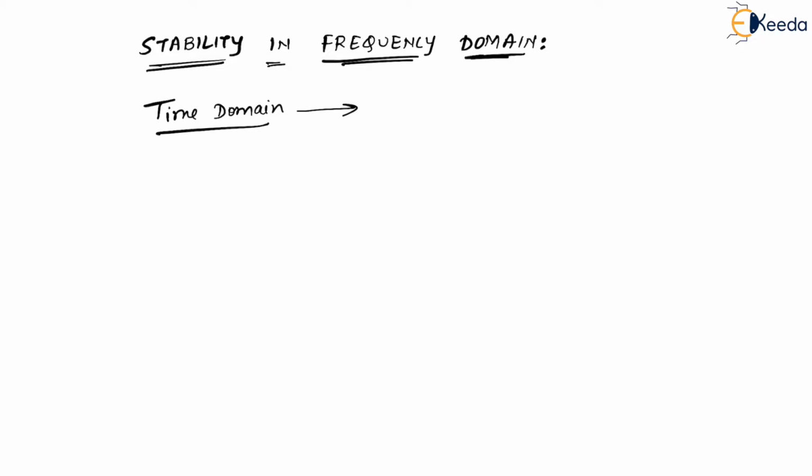We had started with something called root locus, and we also saw something called Routh-Hurwitz criteria. But these tools were used for time domain analysis.